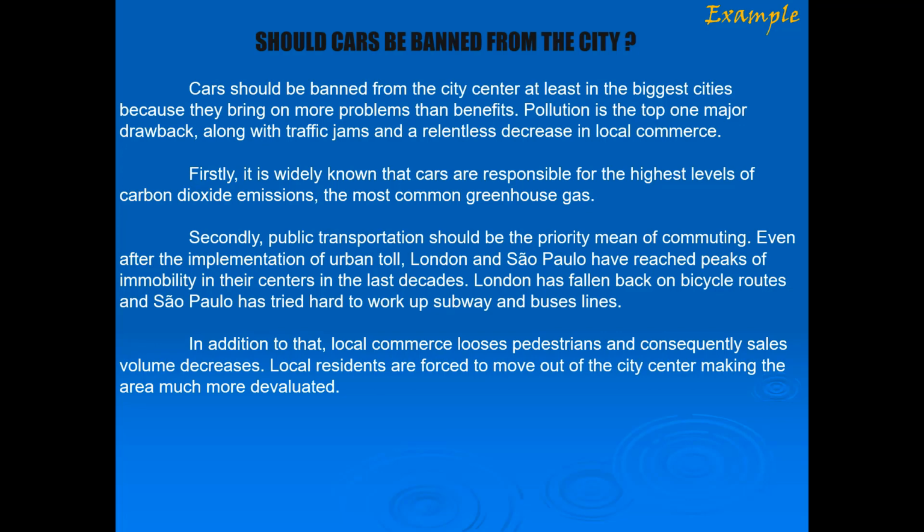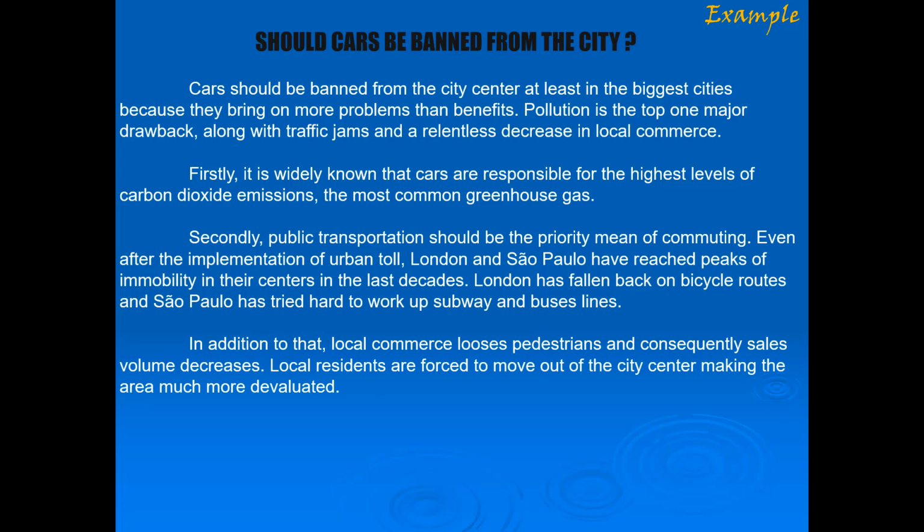London and Sao Paulo have reached peaks of immobility in their center in the last decades. London has fallen back on bicycle routes, and Sao Paulo has tried hard to work up subway and buses lines.